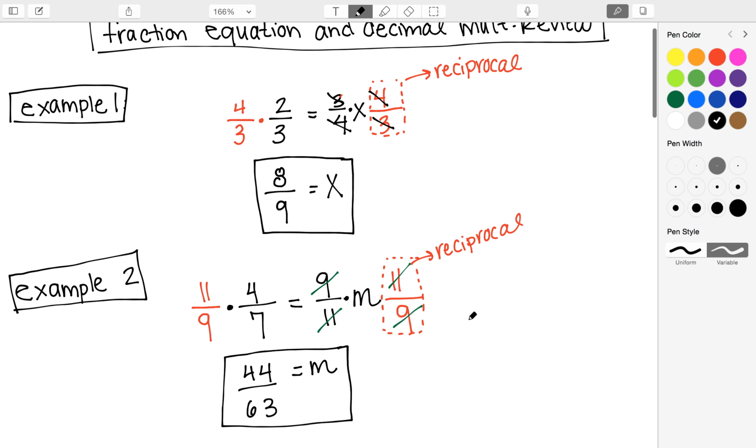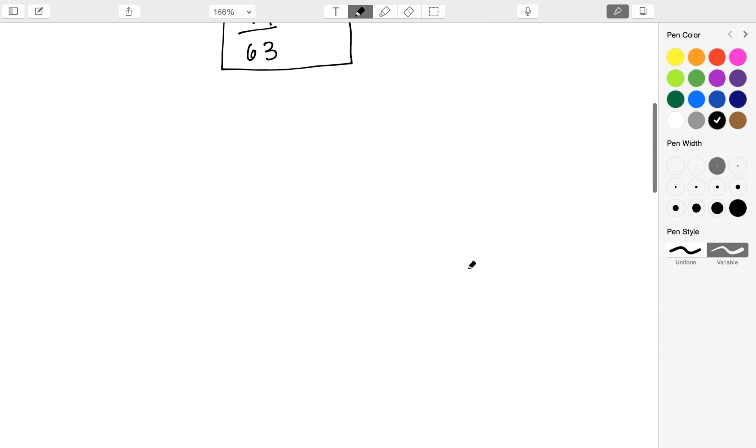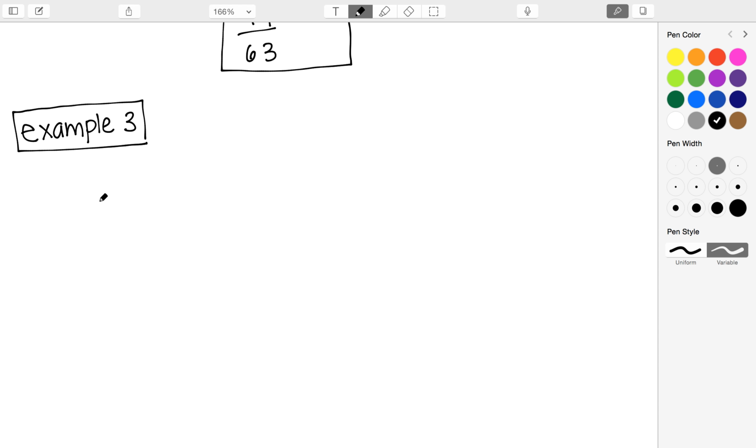All right, let's do another one. Let's see, I don't know, 5/12 p equals 3/7.